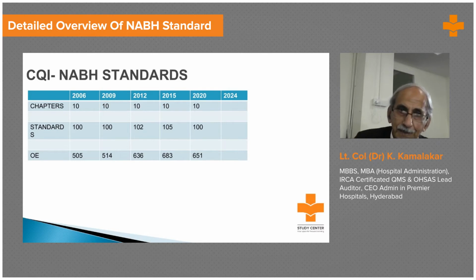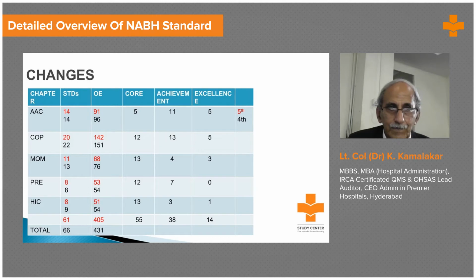The same thing happened in the ISO standard also. Now, if you look at it, these are the changes in different chapters. What I showed in red is the latest, that is the fifth edition, and what I showed in black is the fourth edition.